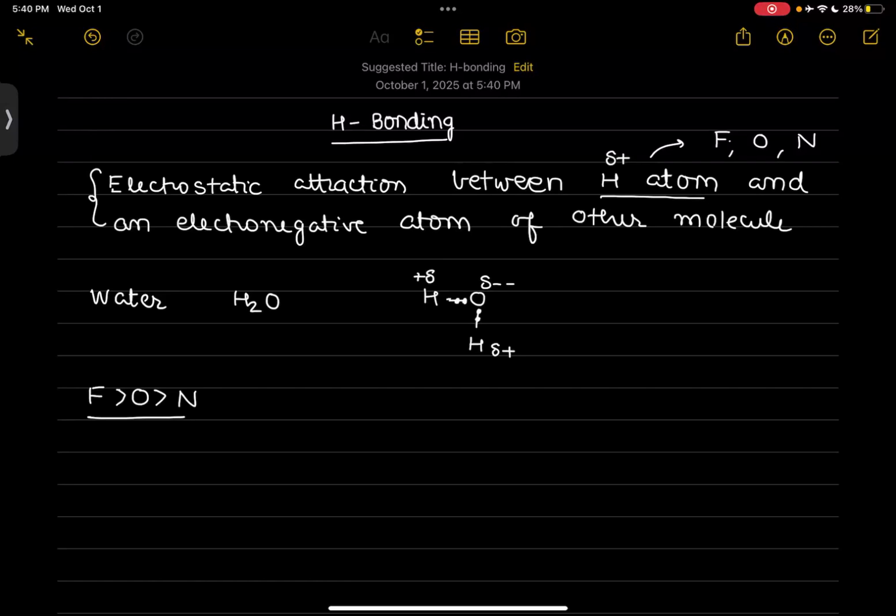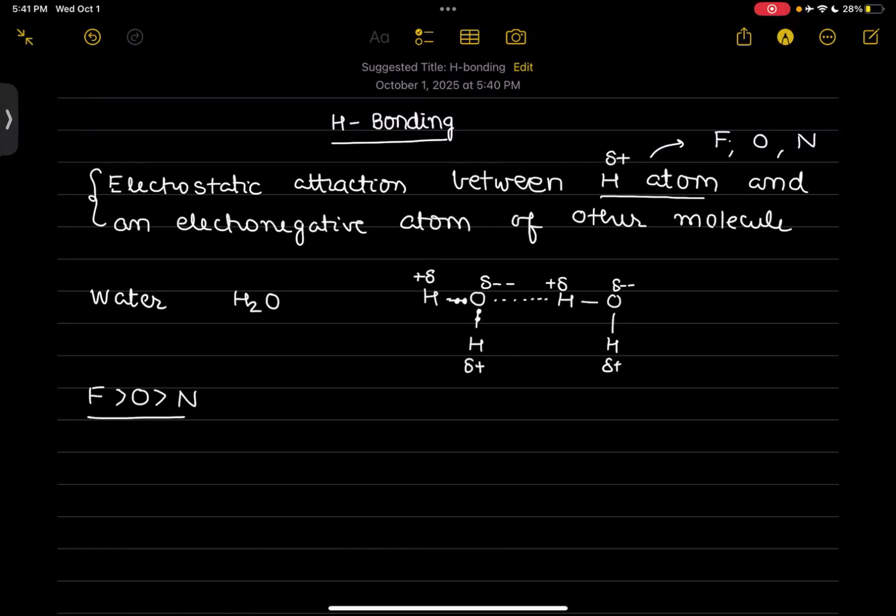And there is not only a single water molecule. There are many water molecules, as we know. So the other water molecule may also have a similar kind of polarization of electrons, so that its hydrogen may have acquired partial positive and the oxygen partial negative.